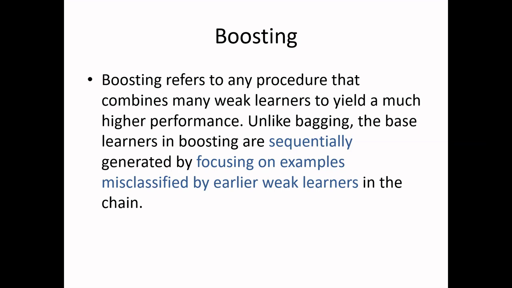So the next learner will be told to focus more on those. That means successive learners are focusing on examples that were found difficult by prior learners. So it's a sequential approach, and obviously it cannot be implemented in parallel. It has to be implemented in a sequential fashion. All right.